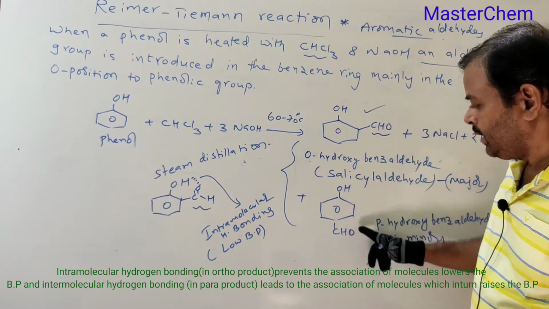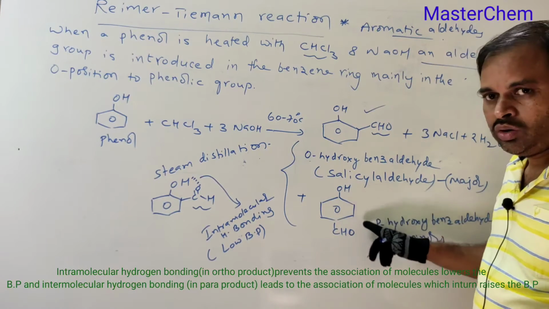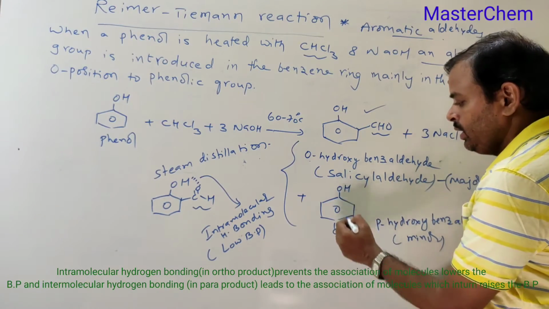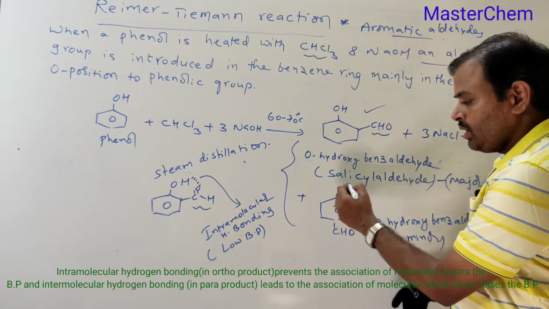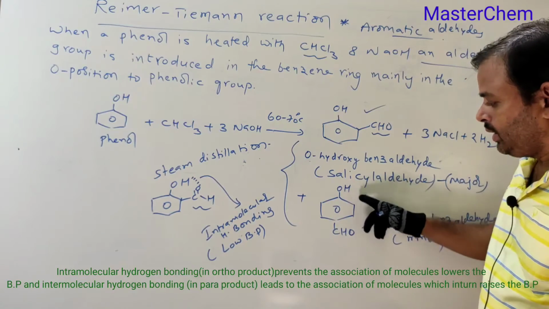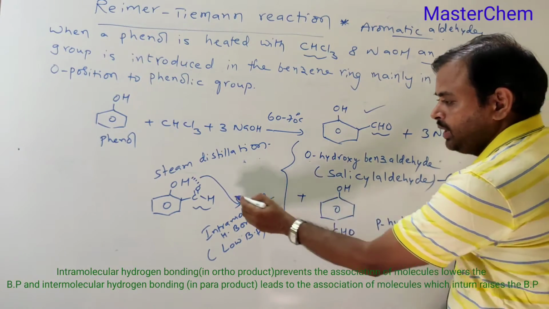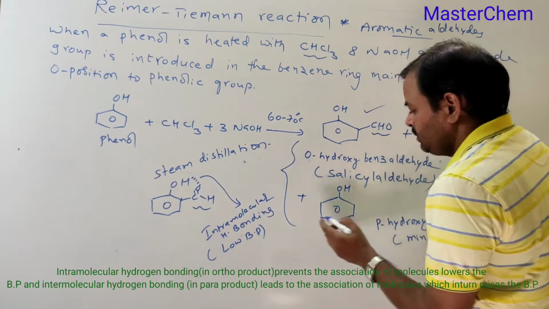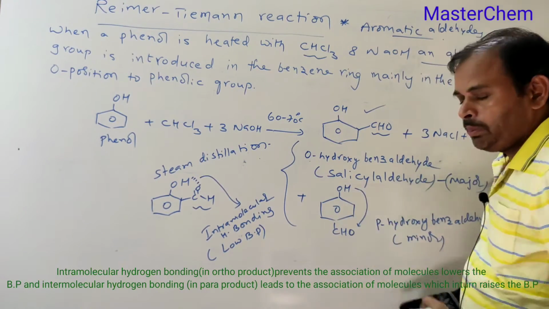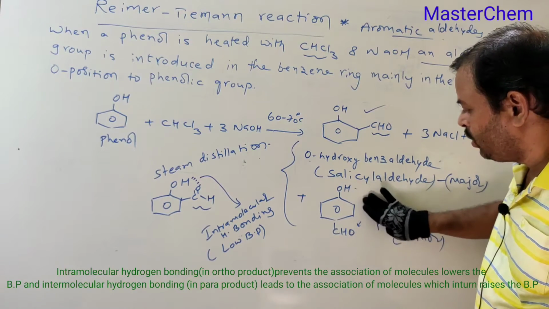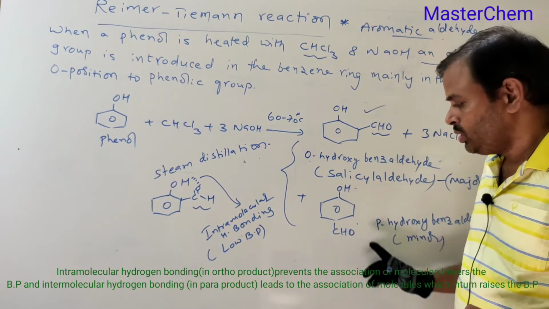Is there any intramolecular hydrogen bonding here? No, because both groups are in opposite positions, the para position. There they are in close positions, but here they are apart from each other. That's why here there is no intramolecular hydrogen bonding.